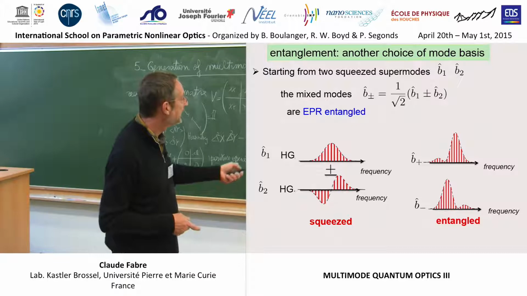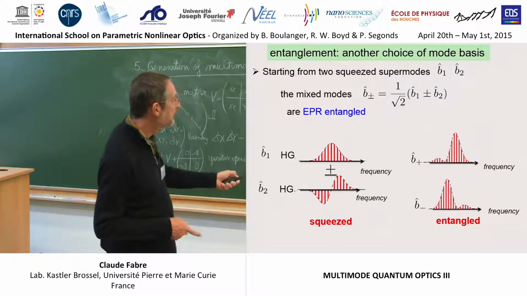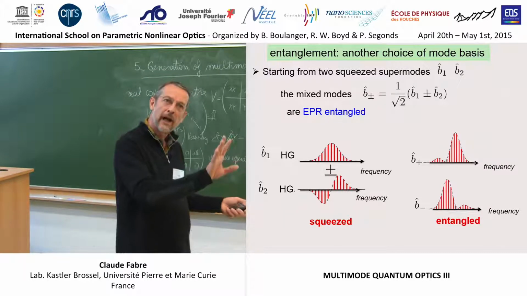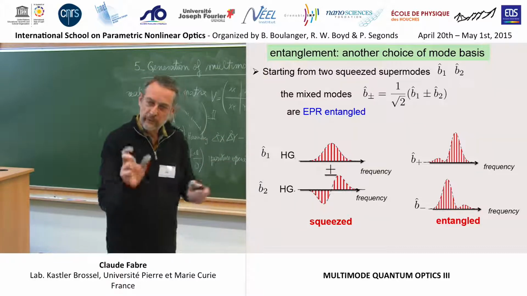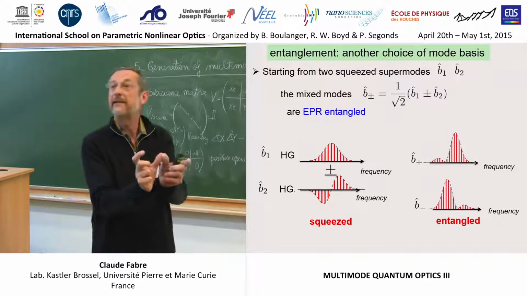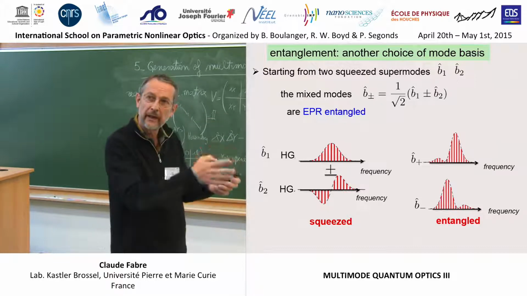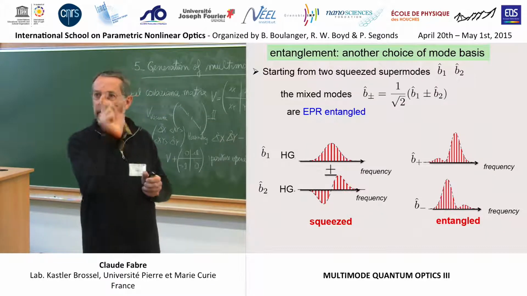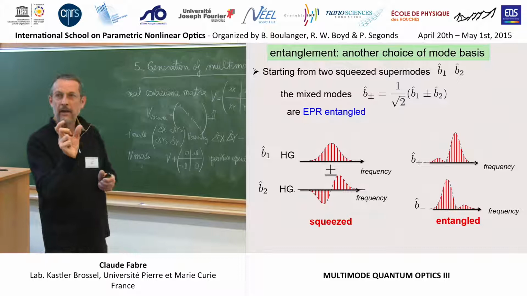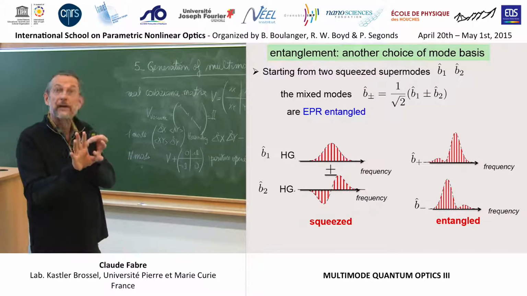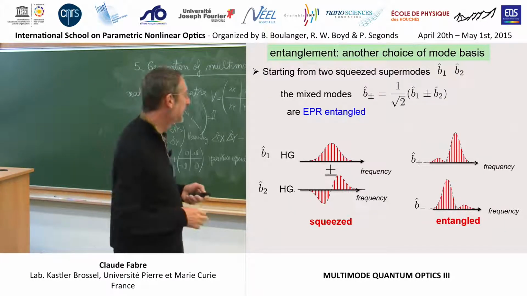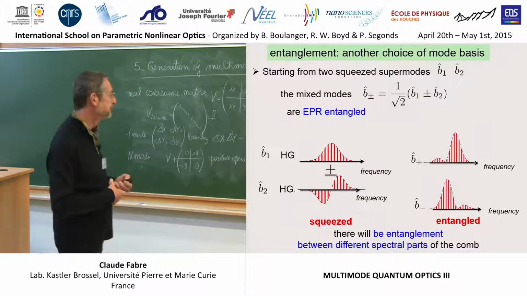So these two modes are entangled, and you see that this one is more on the high frequency side, and the other one on the other side. So you will have entanglement between frequency bands, not only frequency components but also light which is in parts of the spectrum. This is what is expected.